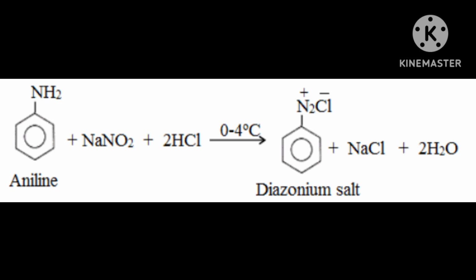The chloride, bromide and cyanide ions, these are nucleophiles, can easily be introduced in the benzene ring in the presence of cuprous ion, Cu(I), where the oxidation state of Cu is 1.